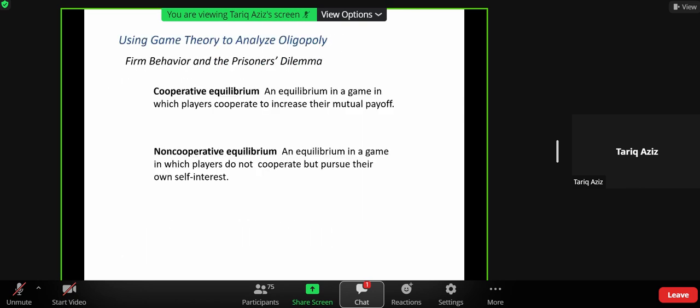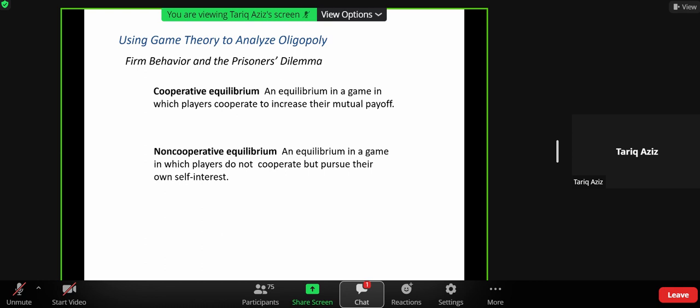Initially I started with two words: firms may decide to cooperate with each other or they decide to compete with each other. So these are the two equilibria that are achieved in any repeated game. If we design a particular game and repeat that game among those players, then after some time, if they decide to cooperate with each other, that situation is called cooperative equilibrium.